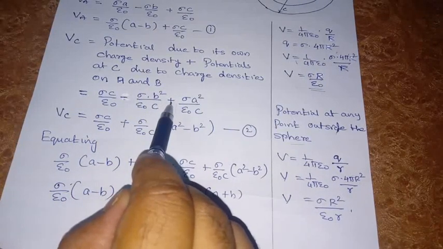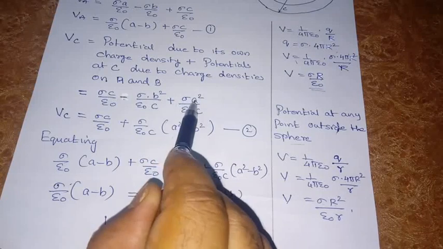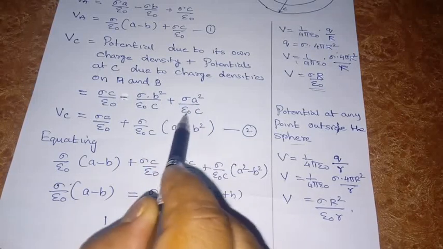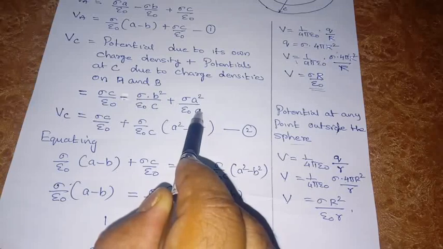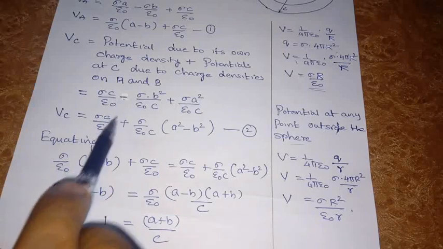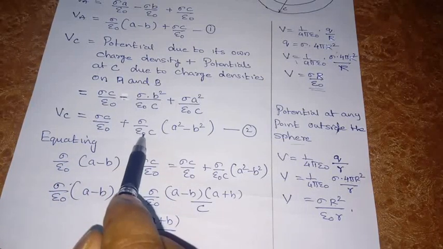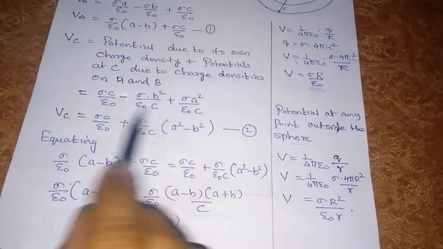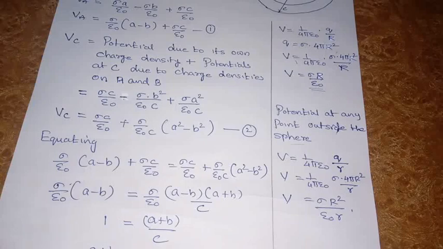Plus potential on the surface of C due to charge density on A can be written as sigma into radius of A square divided by epsilon 0 into distance between the center to the surface of C, that will be small c. So sigma c by epsilon 0 plus sigma by epsilon 0 c can be taken out from these two, and what remains is A square minus B square, put as equation number 2.